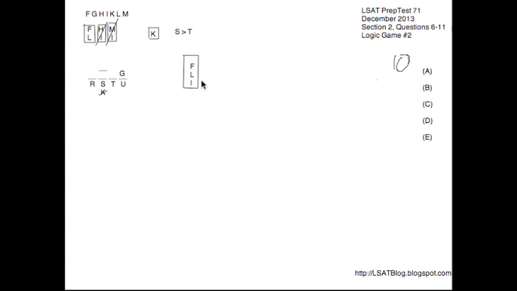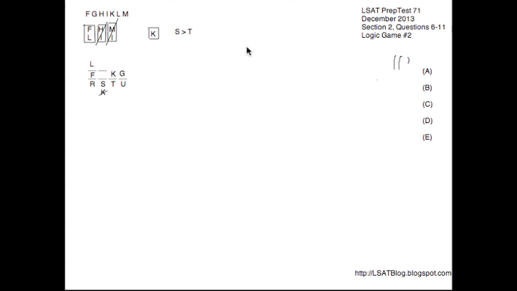The one place they can't go is on U, because that would be 4 variables all on U, and then we'd only have 3 to allocate among the remaining 4 spaces. And scanning through the choices, sure enough, we see that in choice C, L goes to U is something that we know cannot be the case. That's a cannot. So C is actually our answer for number 10, and we don't really have to draw anything at all for this question.